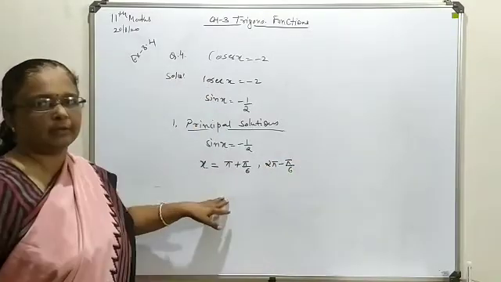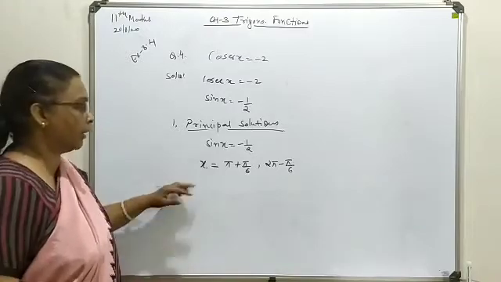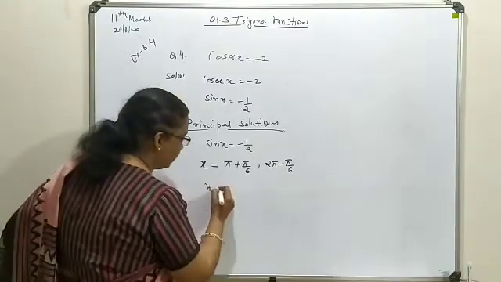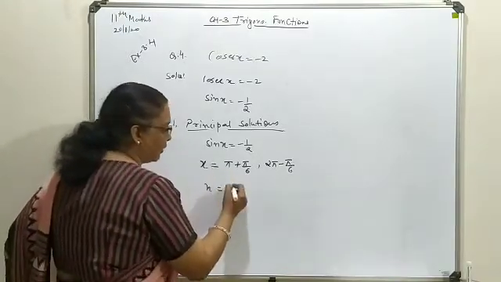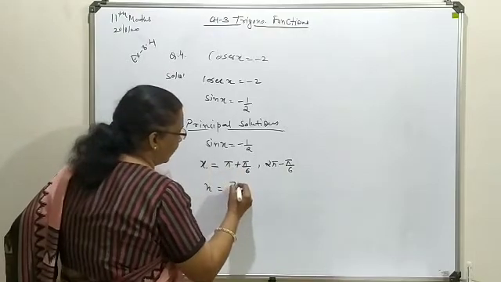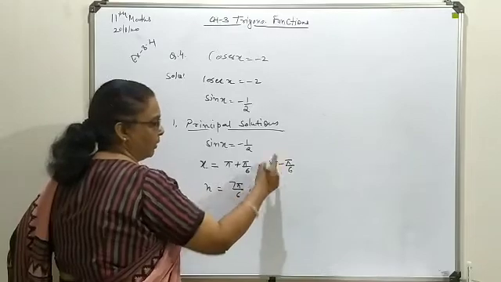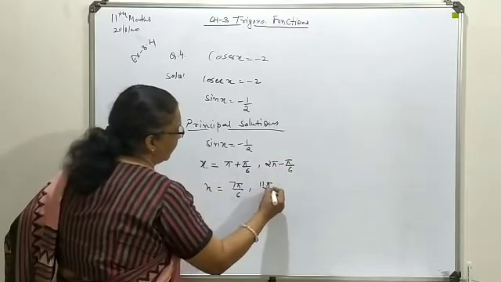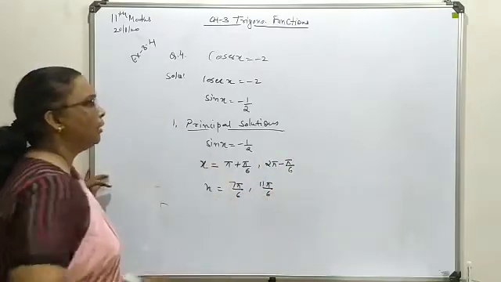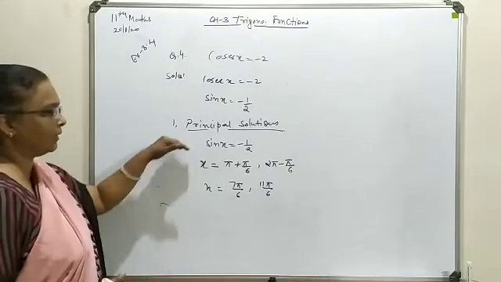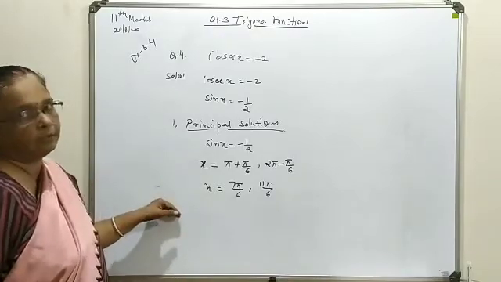So these two will give you solution regarding x. So here x will be, take LCM, 6 plus 1, 7 pi by 6, and another one will be 12 minus 1 means 11 pi by 6. So these are the two principal solutions with respect to this sine and x value.